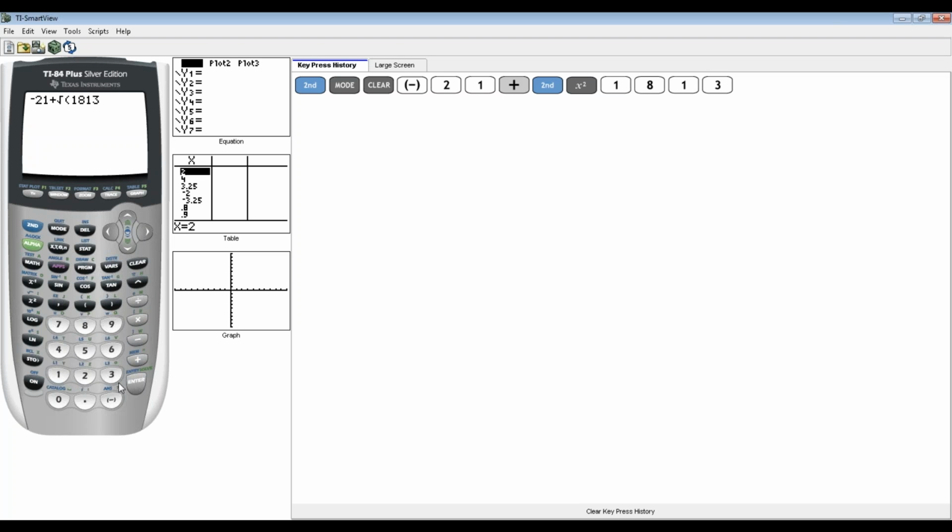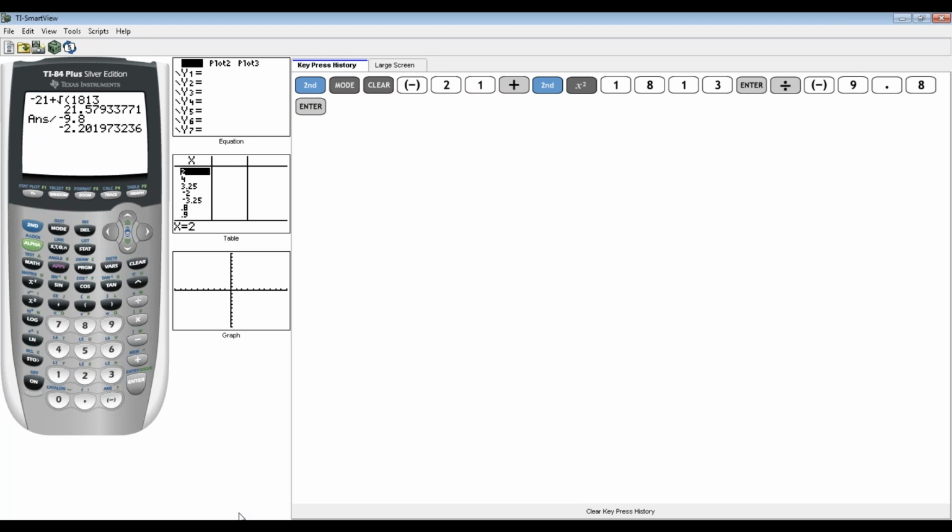You could do that all at once, or you could say enter, so that's the numerator. Then if you just press divide, it takes your last answer, and you want to divide that by negative 9.8. So one solution, rounded to the nearest tenth, will be negative 2.2.